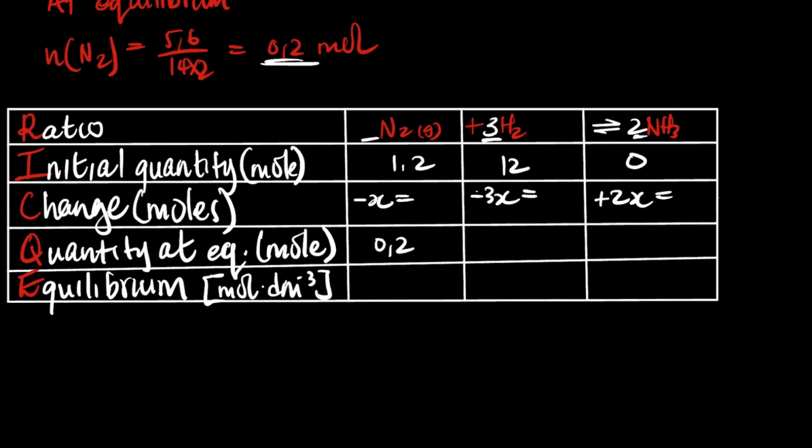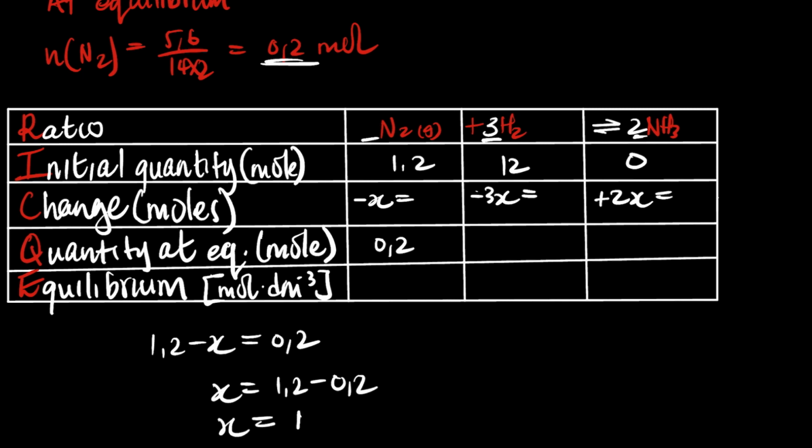In order to know from this amount that you had initially what is going to be used and what is going to remain, you can say 1.2 minus x is equal to 0.2. Then x is equal to 1.2 minus 0.2, so x is equal to 1.